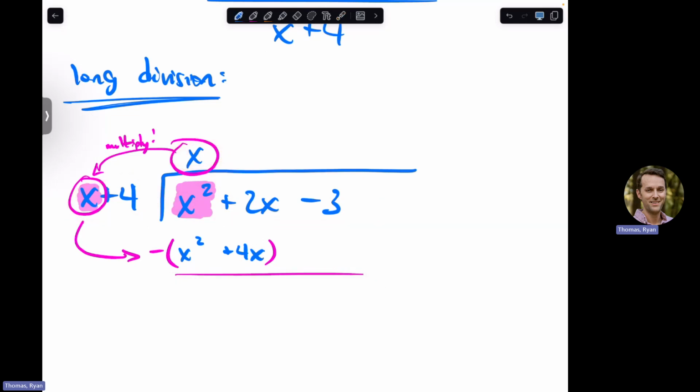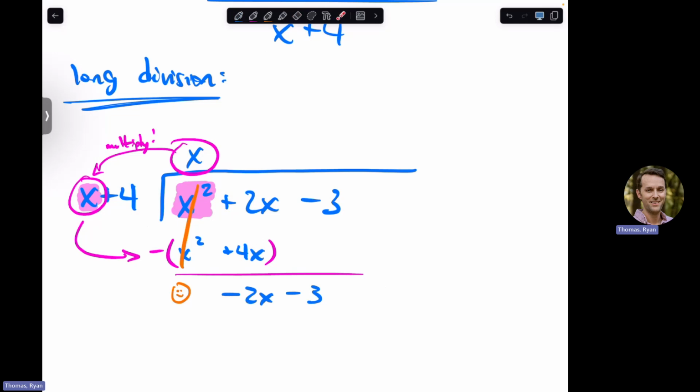So when I subtract, x squared minus x squared is 0. That's good. That was the whole idea. Those are supposed to drop out. 2x minus 4x, and then negative 3 minus, there's nothing there, so 0. That's one step.